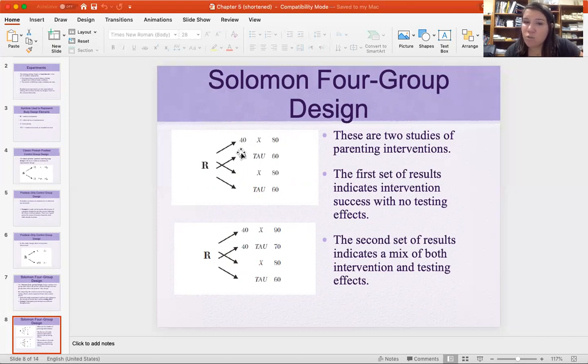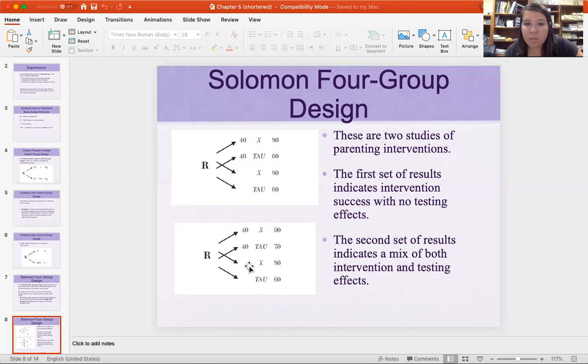The treatment as usual group, they got a 40. Let's say you had them just take no parenting class, and then afterwards they got a 60 on it. And then the other one, you don't give them any pre-test. They got an 80, and then they got a 60 on it, right?